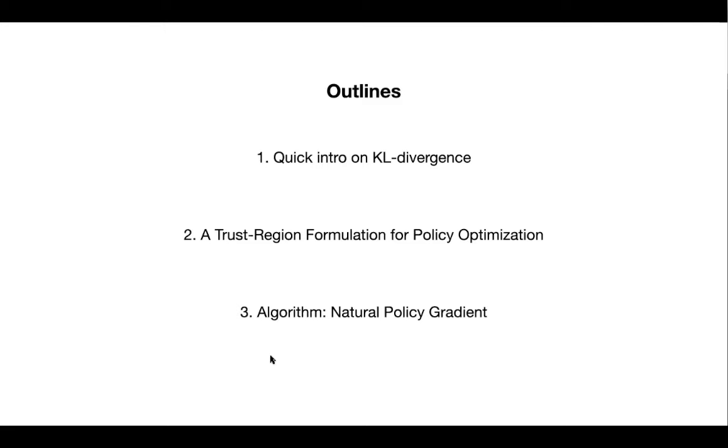Basically, we're going to write down a formulation that says: let's find a policy that maximizes the local advantage subject to a trust region constraint, in the sense that the new policy has to stay close to the current or older policy. And then we're going to put everything together to get to an algorithm called natural policy gradient. So that's the plan for today. Any questions so far?